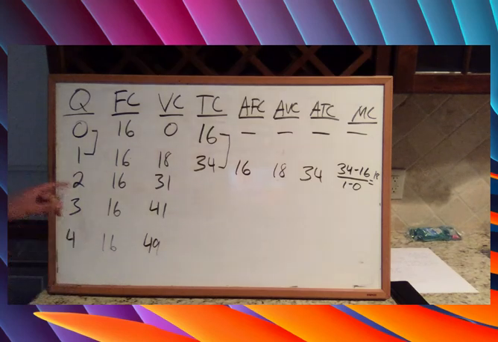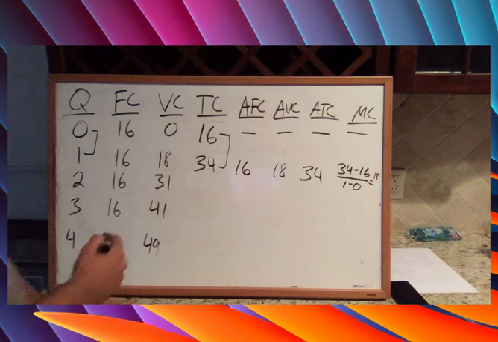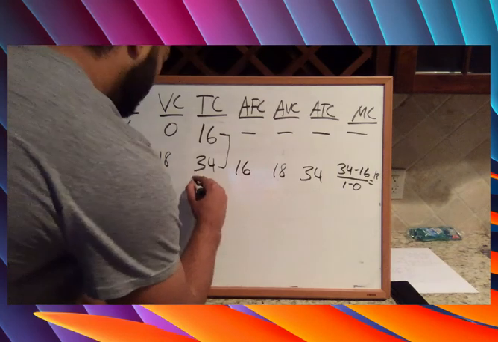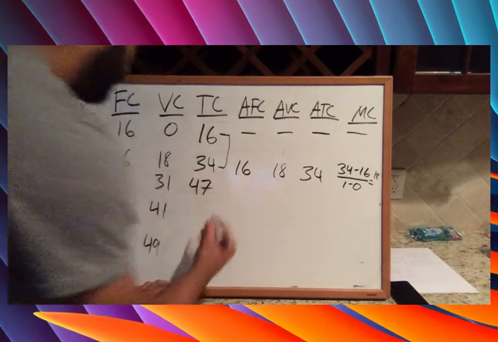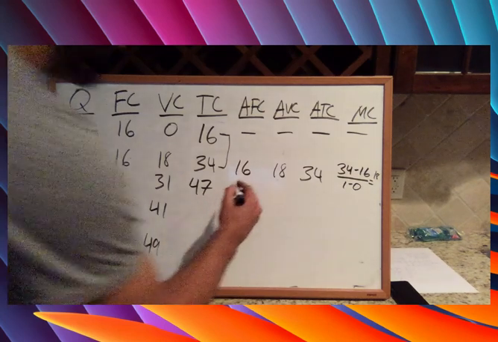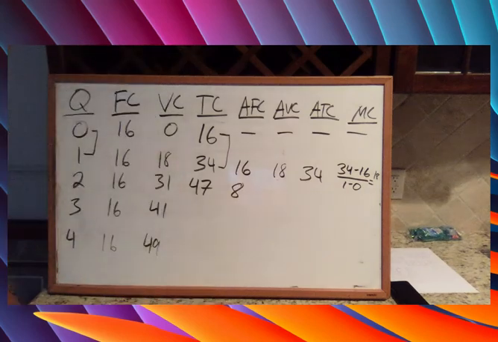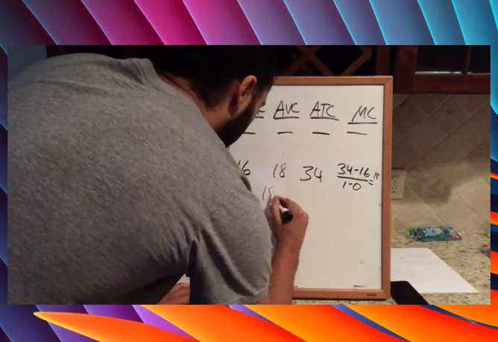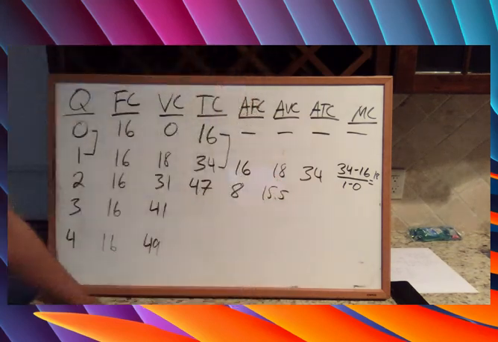Okay, now we're going to do the second quantity. So our total cost in this case is 16 plus 31, which is 47. Average fixed cost is going to be 16 divided by 2, which is 8. Now our average variable cost is going to be 31 divided by 2, and that's going to give you 15.5.